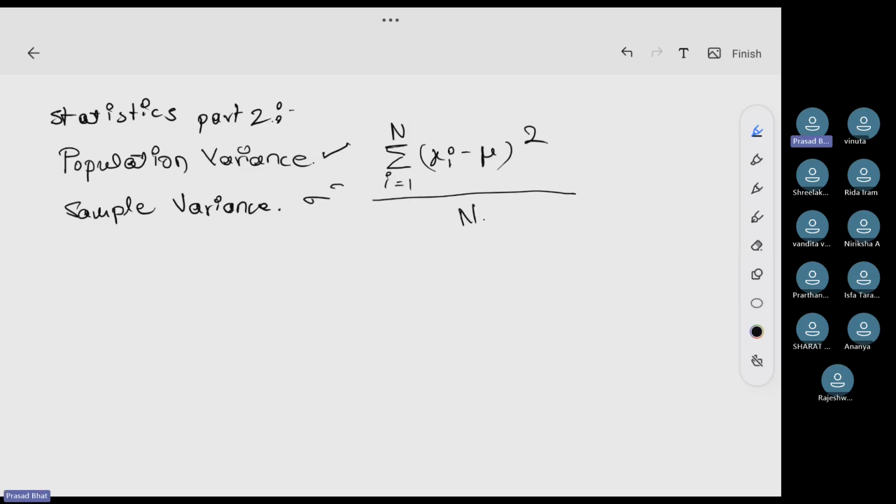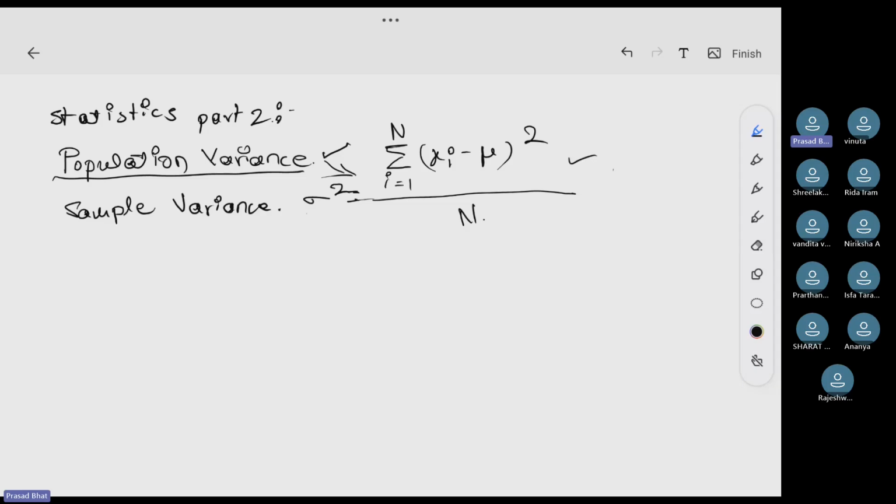So this was the standard formula that we used yesterday. If you use this formula to calculate variance, then we call this population variance. It is denoted by sigma square.